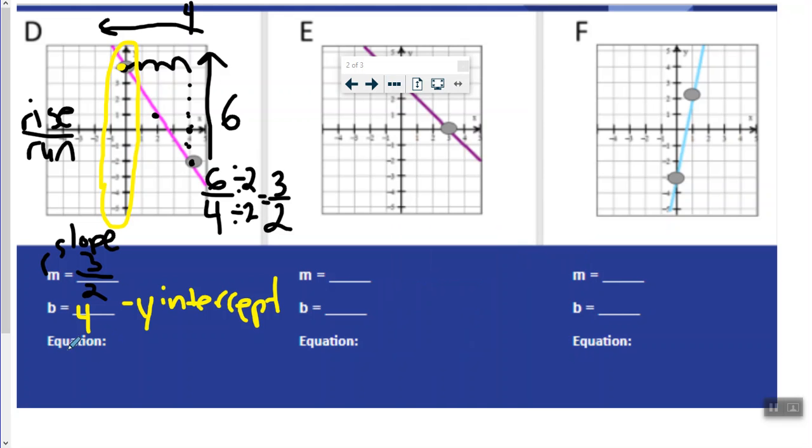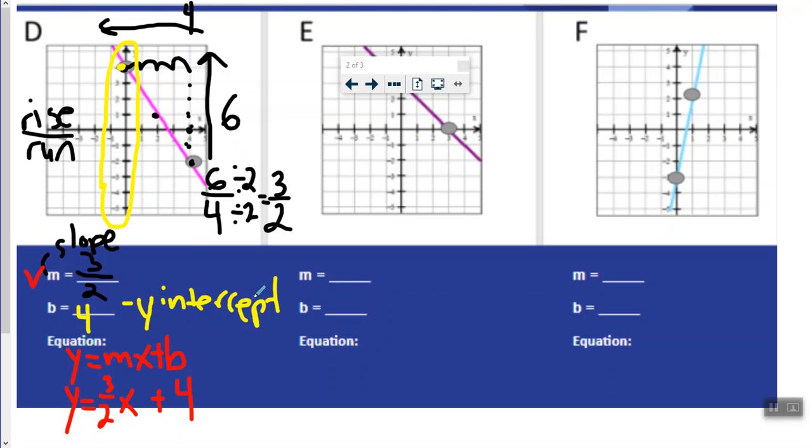Now let's write the equation. Remember, y equals mx plus b. Y equals, m is the slope, 3/2x plus b is plus 4.